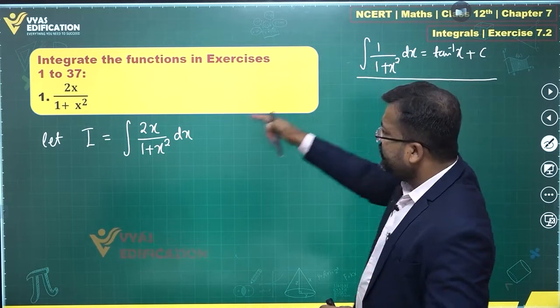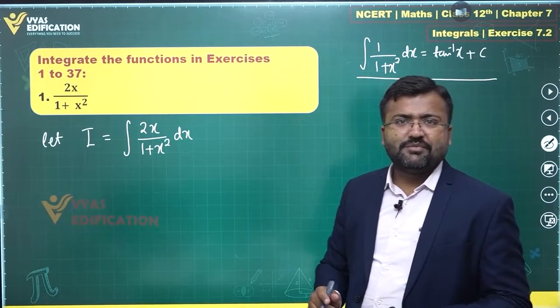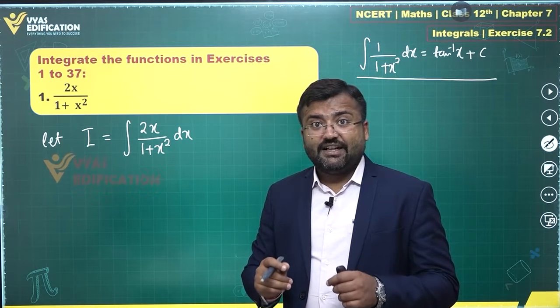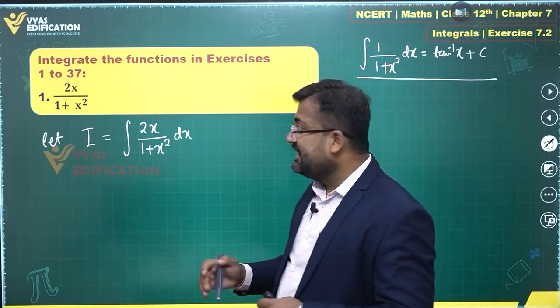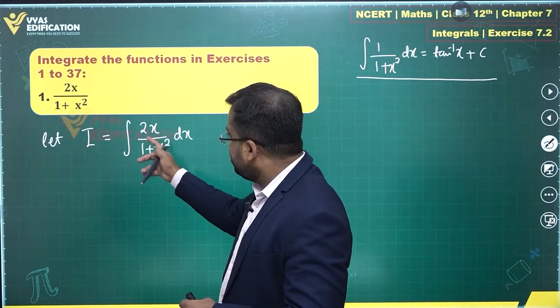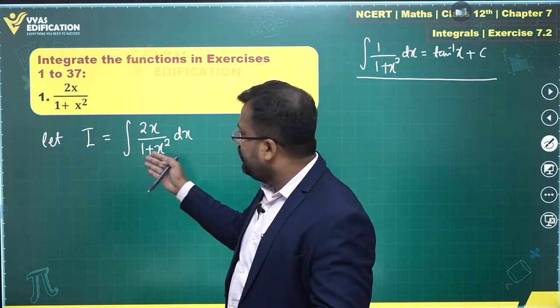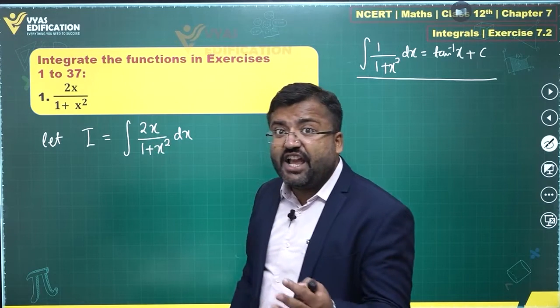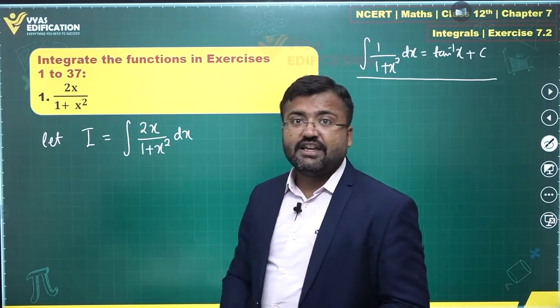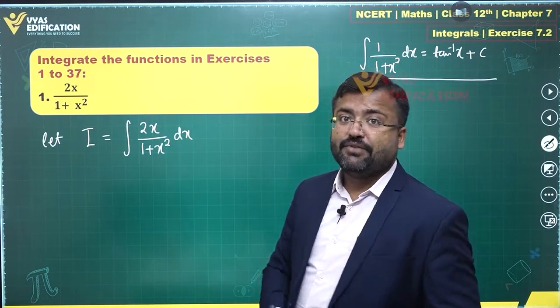But you observe there is a 2x at the top, which is creating a lot of problems. But do you also realize that the derivative of this 1 plus x square is what? That is 2x. So the derivative of 1 plus x square is sitting with the dx, and that's the important key.